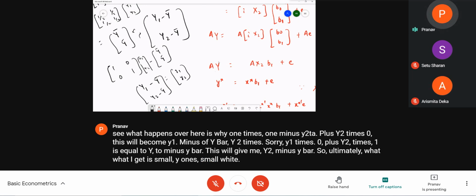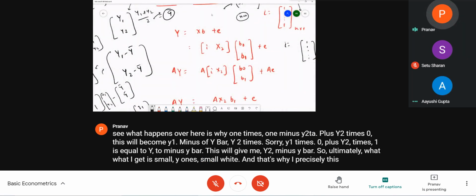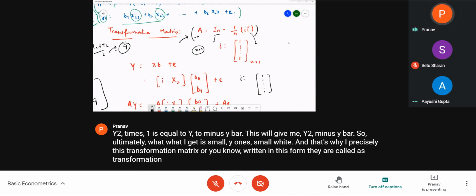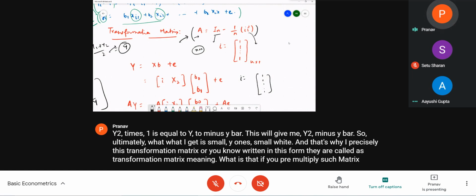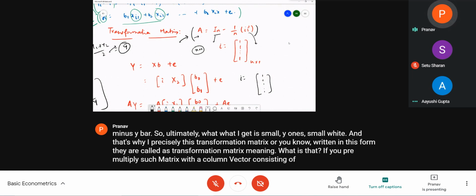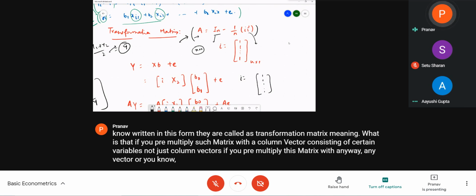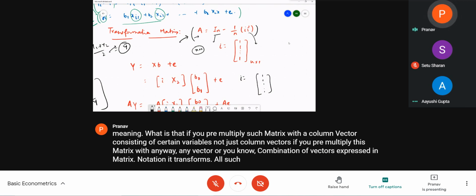That's precisely why this matrix is called a transformation matrix: if you pre-multiply it with a column vector, or any combination of vectors expressed in matrix notation, it transforms all such raw observations into deviation values.